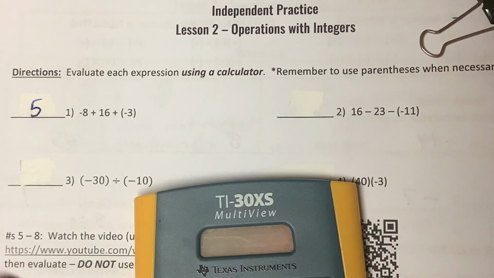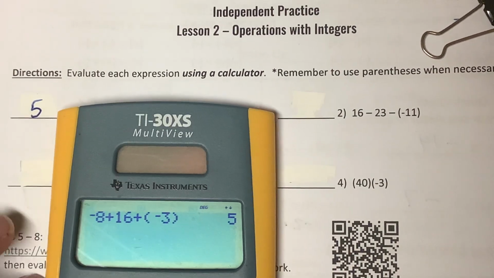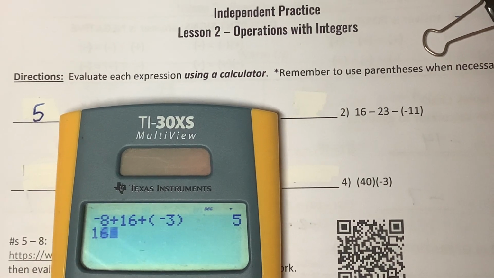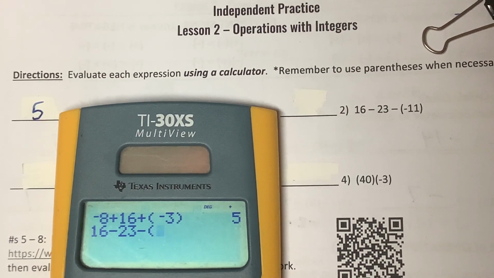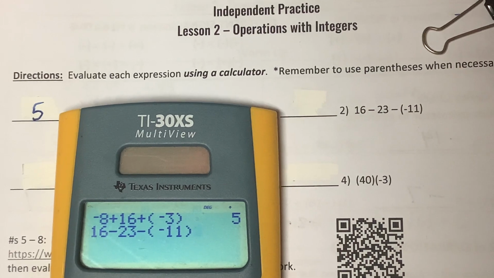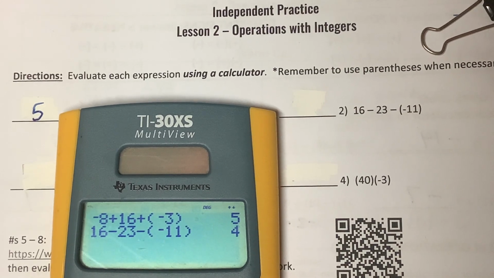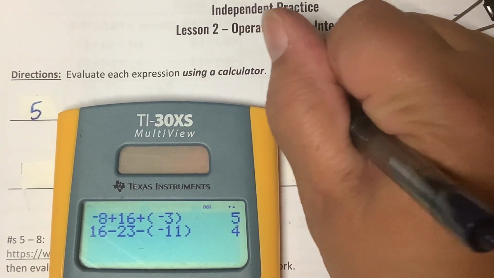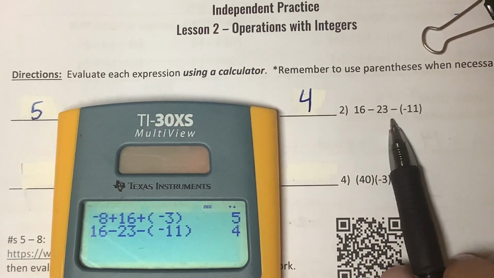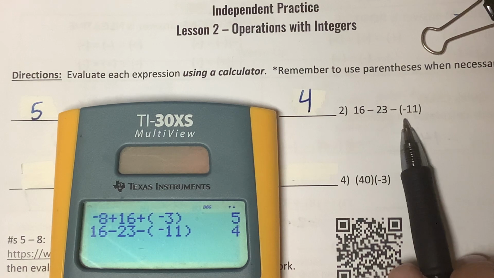The next problem, let's just move the calculator over here. 16 minus 23 minus parentheses negative 11. Now those parentheses are really necessary because without them, I wouldn't know that this is really negative 1 times negative 11.